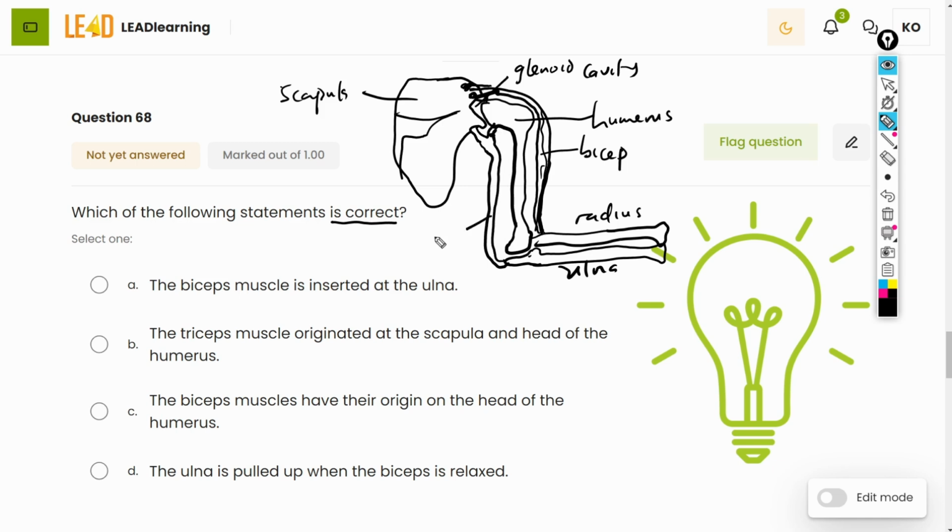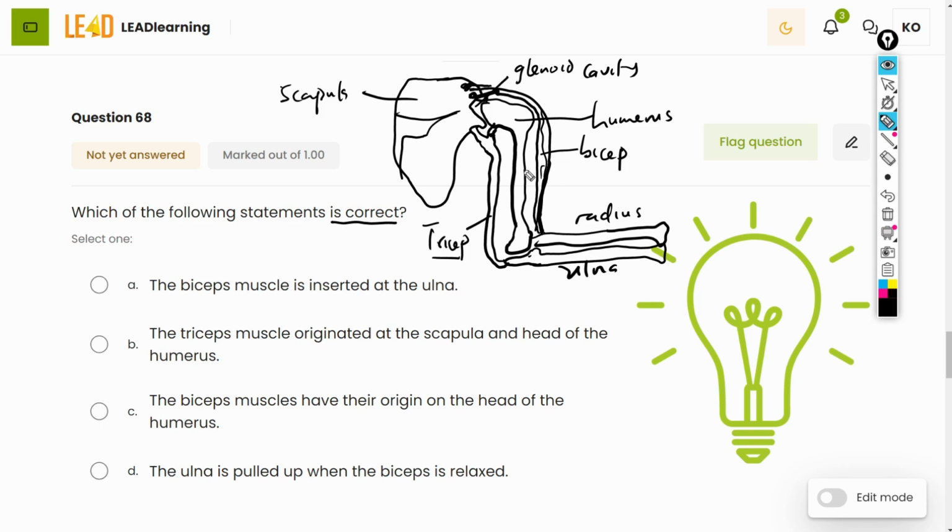Okay, so this is tricep. From this diagram we can see that the tricep originates part from the scapula and part from the humerus, while the bicep originates entirely from the scapula. And while the bicep connects to the radius, the tricep inserts in the ulna.